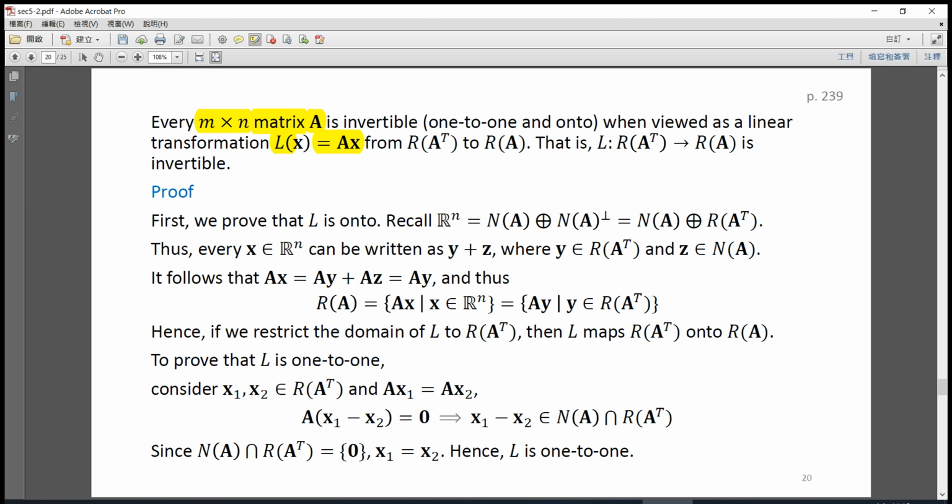If we restrict the domain from Rn to R(A transpose), and restrict the codomain from Rm to R(A), then the linear transformation L is invertible. Invertible means one-to-one and onto.